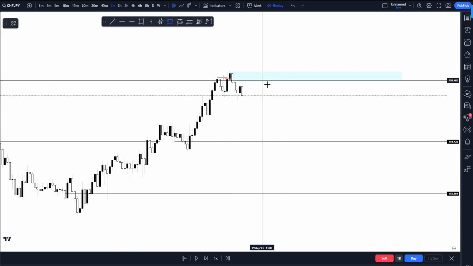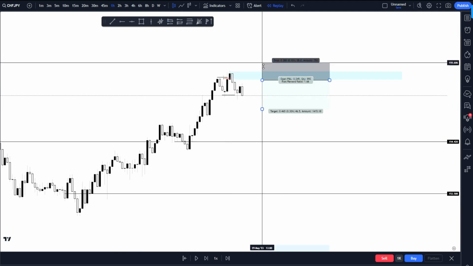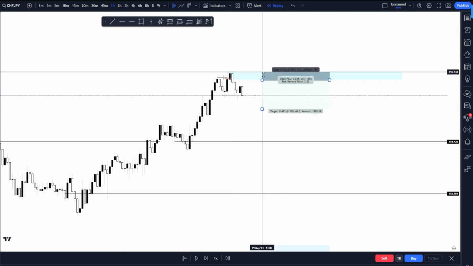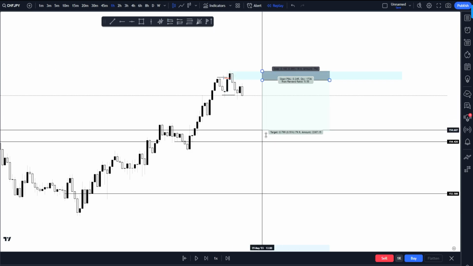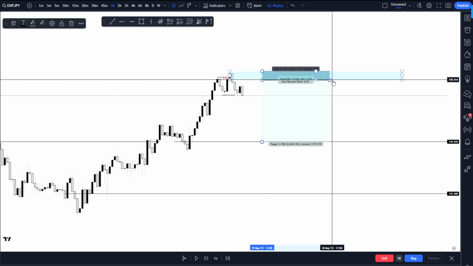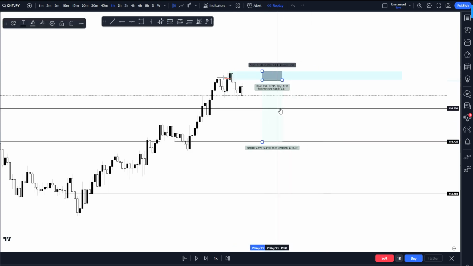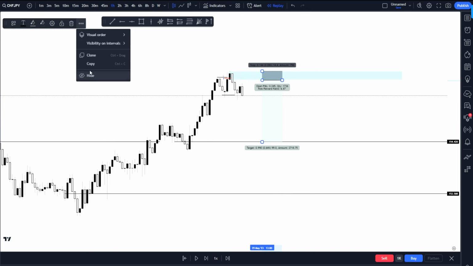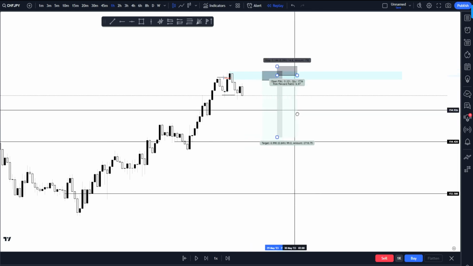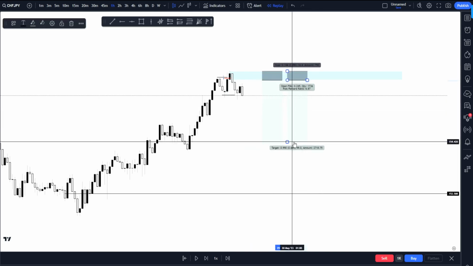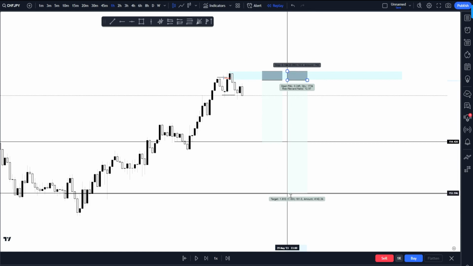We're gonna take a short position right after the market reaches here, and our stop loss is as usual right above the last previous high, and the take profit is this, the first take profit, and the second one is gonna be right over there to the downside.